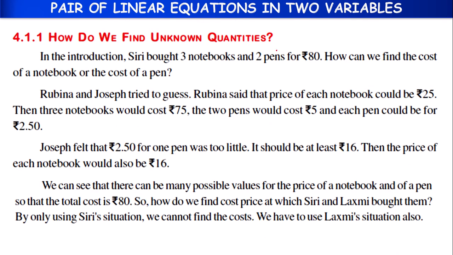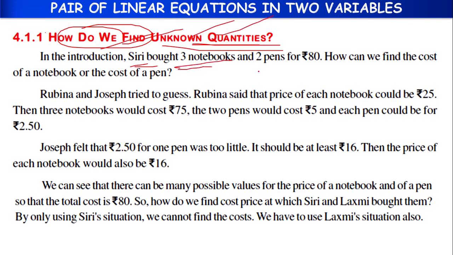Here the cost of notebook is unknown, children. The cost of pen is unknown. These are unknown quantities. Now how do we find these unknown quantities? That is the main task. So Siri has brought 3 notebooks, 2 pens, for rupees 80.